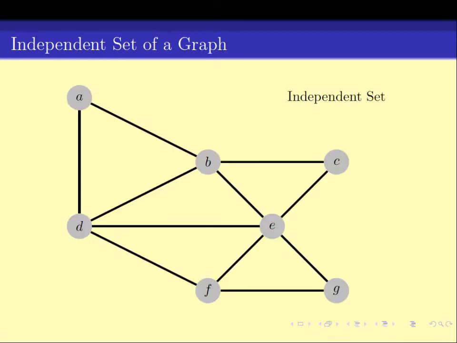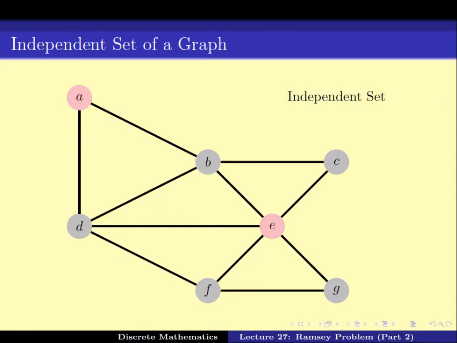For example, in this graph, A and E is an independent set. There is no edge between them. Similarly, B, C and G is also an independent set because there is again no edge between B and C, C and G, and G and B.